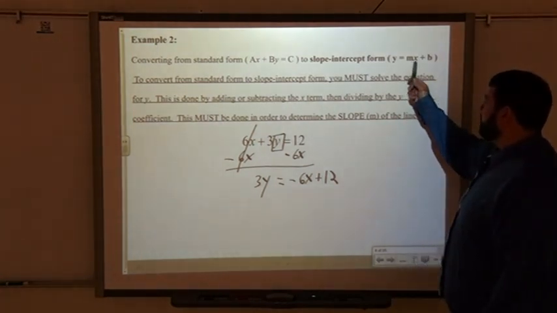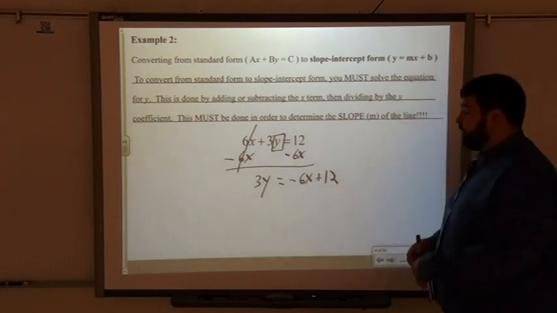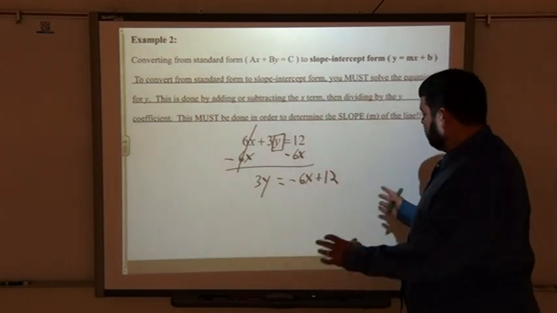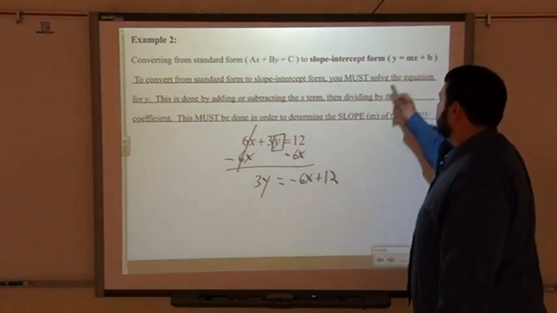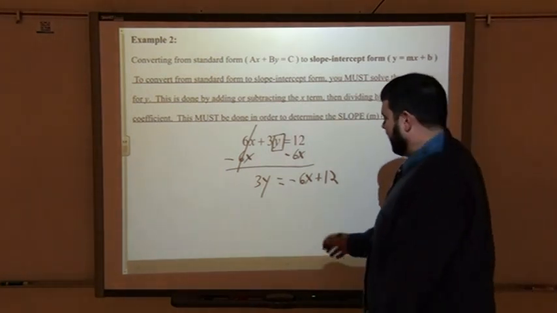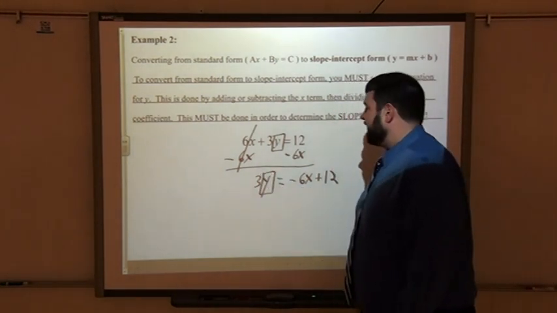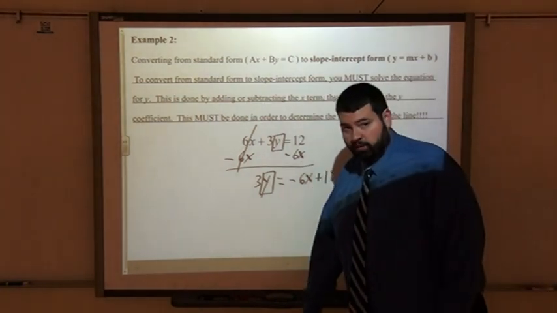Now I put the x term first because of y equals mx plus b. It really doesn't matter if you want to say 12 minus 6x, you're still saying the same exact thing. But this is the way math nerds like me like to write this. Now again, we want to put a box around the y, and I even gave you a clue that says we need to divide by the y coefficient.